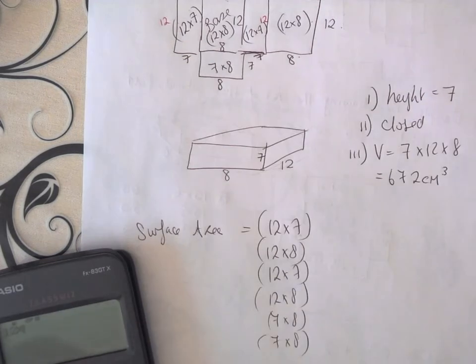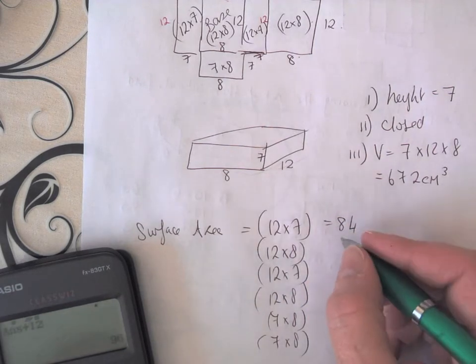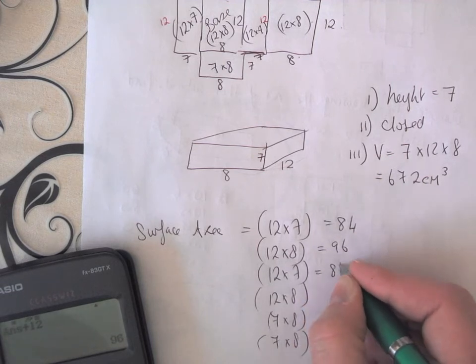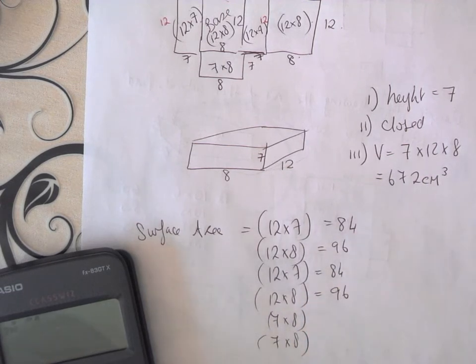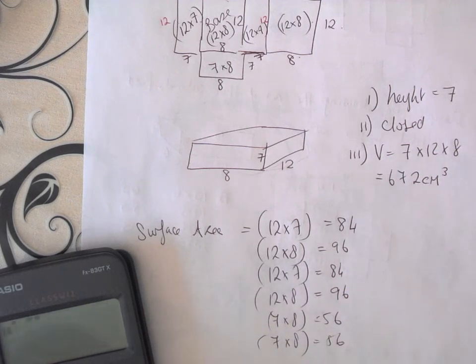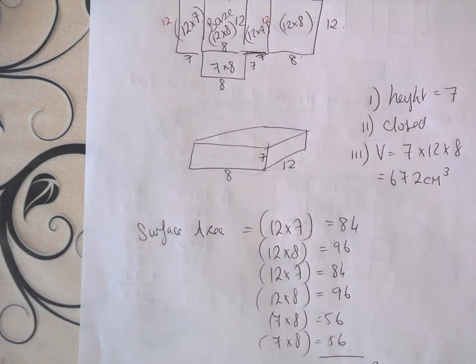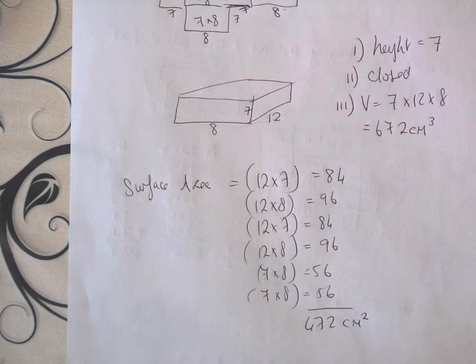You can calculate them and then add them up. 56, 56, 96, 84, 96, 84. So that's it: 427 centimeters squared.